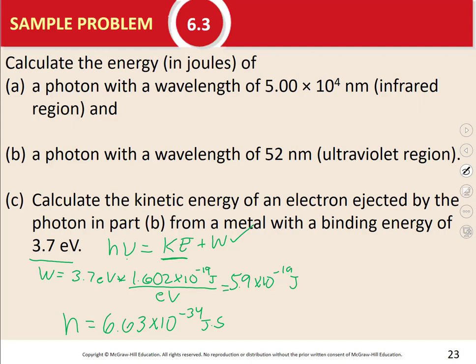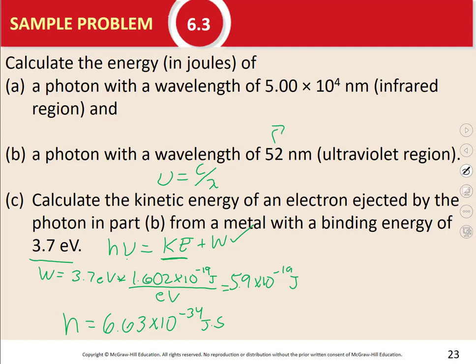How do we find nu? Nu is the frequency. What's our equation for frequency? It's equal to what? Good. Speed of light divided by wavelength. All right. So we're given the wavelength is 52 nanometers. What do we need to do with that 52 before we plug it in here? Good. Convert to meters.